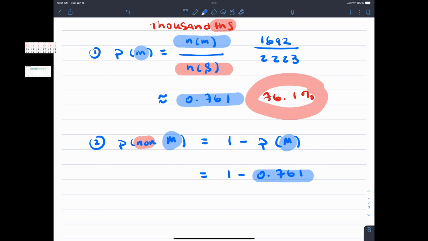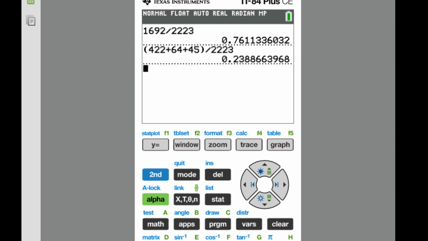So now I go to the TI and I say, okay, 1 minus 0.761 by the complement rule, and I hit enter. What do I get here? 0.239.